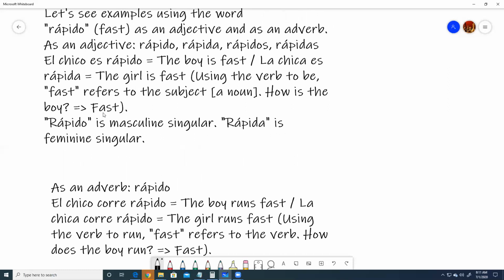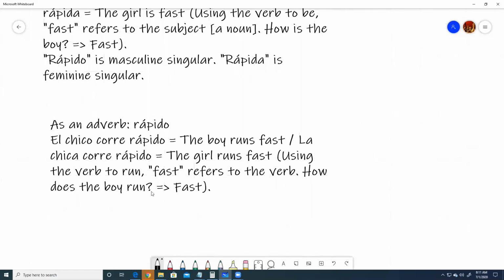How is the girl? Fast. And because boy and girl are nouns, fast can be masculine or feminine, singular or plural, because fast in this case was an adjective. And in this case, as an adverb, it is not changing. El chico corre rápido, la chica corre rápido.